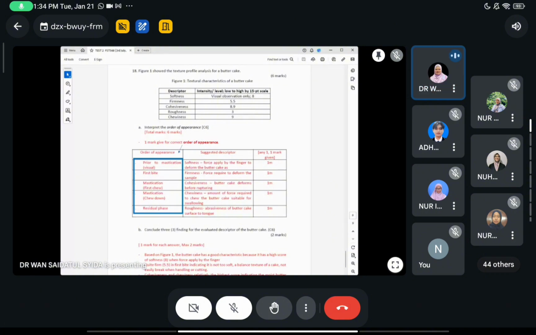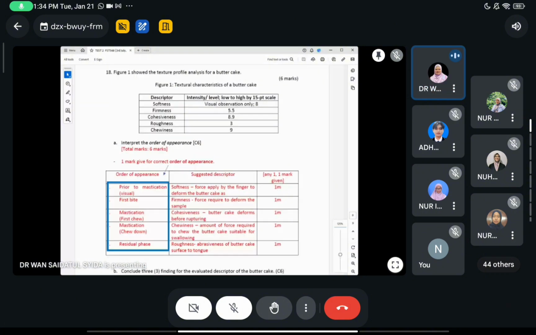Look at the descriptors here. You have softness, firmness, cohesiveness, roughness, and chewiness. So you just divide the descriptors into the order of appearance. Because remember, you have five orders.